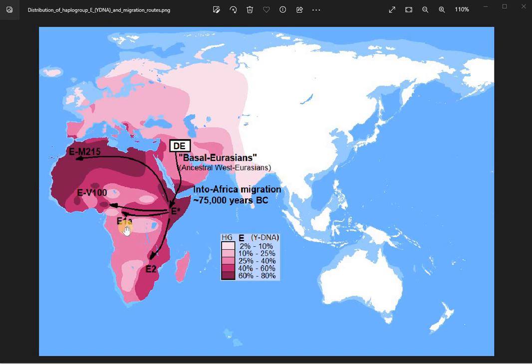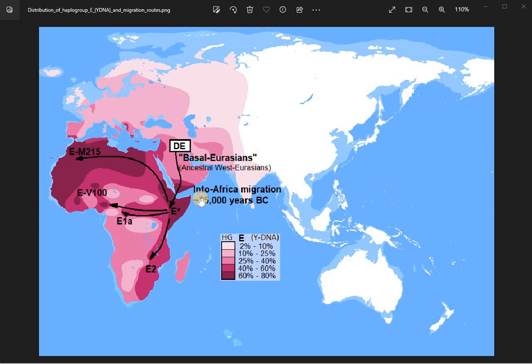What I will prove later is that E is not a descendant from A nor from B, it's a descendant from D, and in some way you see an indication right here, it's E, but here it's mentioned as if it comes from the group DE, which is a construction of consensus. And as you see, they are not the basal Africans or whatever, they are the basal Eurasians, ancestral Western Eurasians.